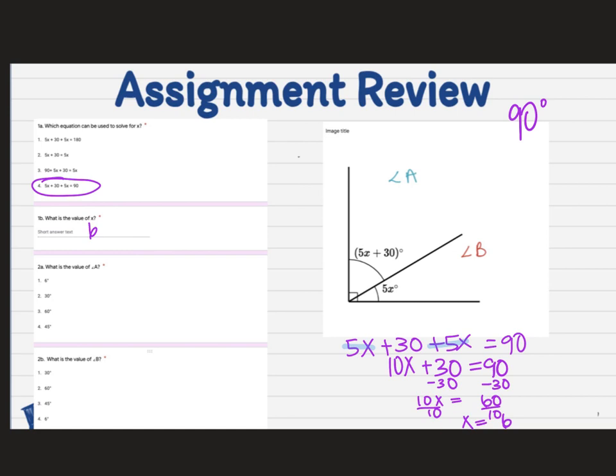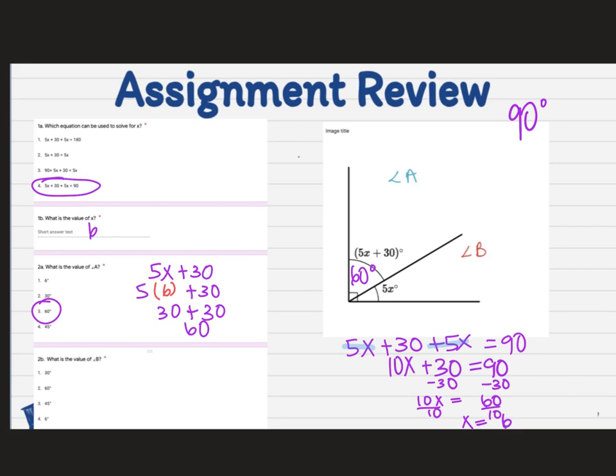So angle A is 5x plus 30, I'm going to replace the x with 6. So then I have 5 times 6 plus 30. 5 times 6 is 30, plus 30 is going to give me 60. So the value of angle A is 60 degrees. So this angle here is 60 degrees.